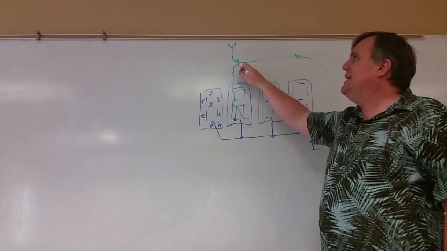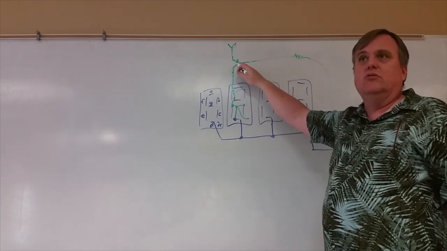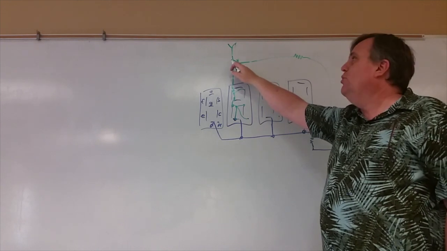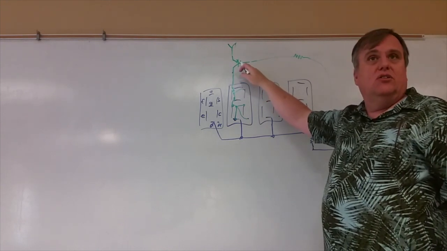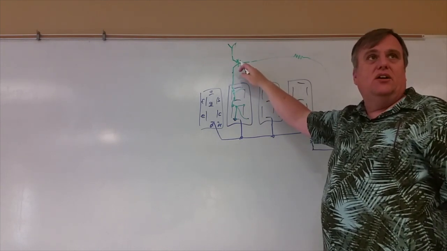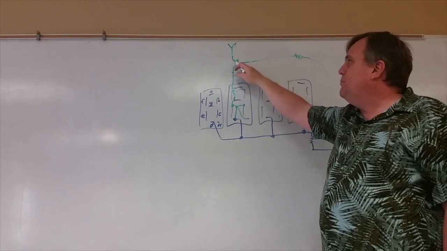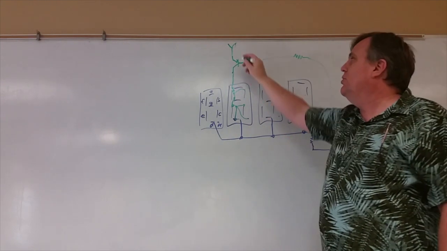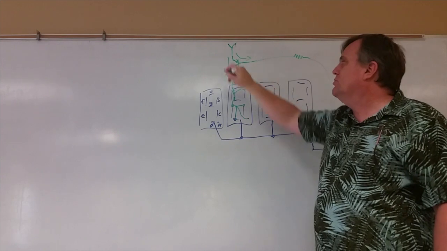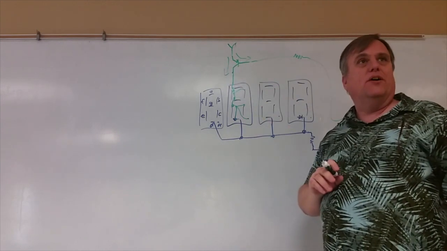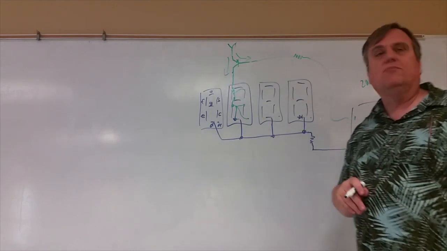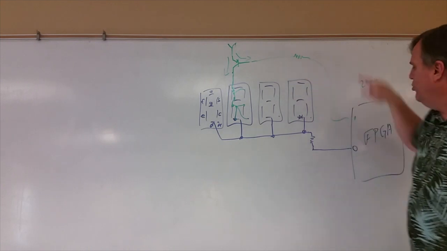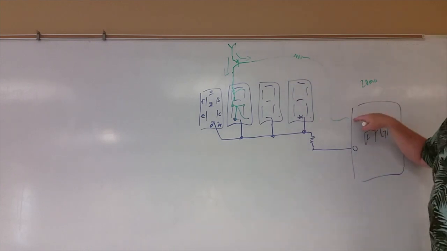I have to bias this diode. If you get this biased, it will open up this gate and transition things down. So in other words, if current flows here, current flows here. It's another way of thinking about that. So what value do I have to put on this pin to get current to flow?